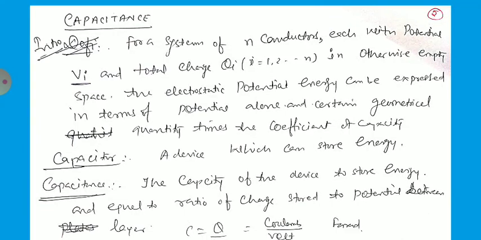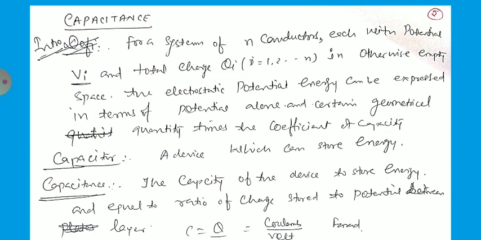Now the last topic, that is the capacitance. What is meant by capacitance, and how is it used? For a system of n conductors, each with potential Vi and total charge Qi, where i equals 1 to n, in otherwise empty space, the electrostatic potential energy can be expressed in terms of the potentials alone and certain geometrical quantities, the coefficients of capacity.